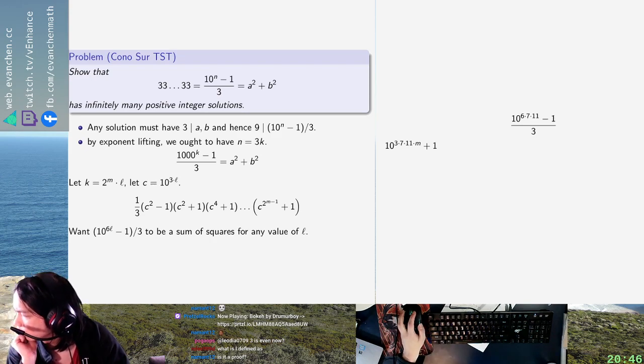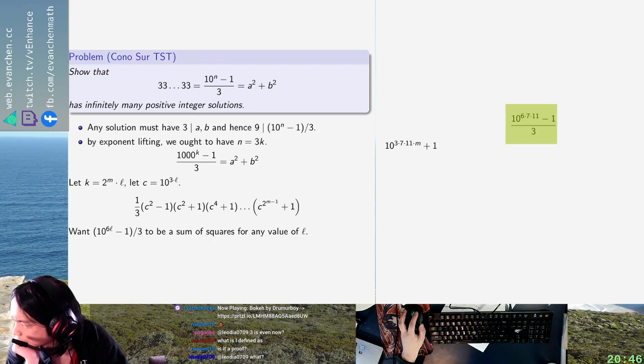Yeah, because this number is... No, it's not. This is 1 mod 4. How many bad primes? 7 and 11 are the 2 bad primes, right? No. It won't be no even.